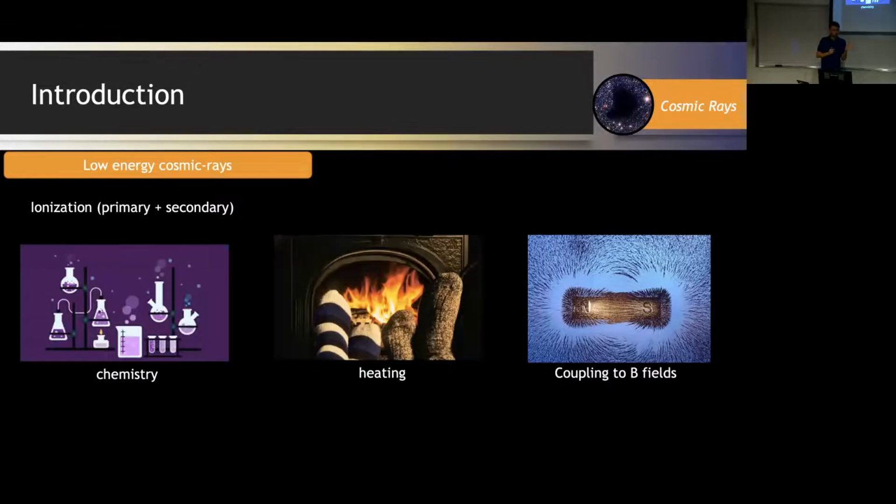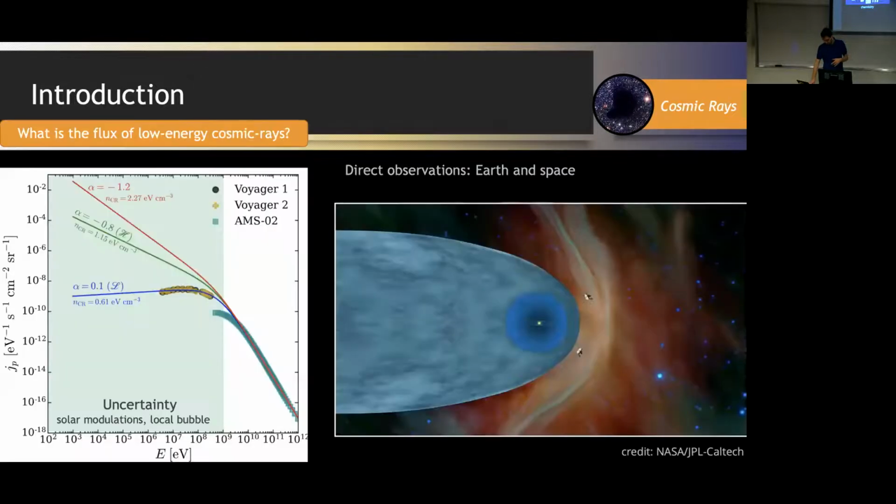I say they drive the chemistry because we are talking about very low temperatures, 10 Kelvin or so. At these low temperatures, you barely go beyond any chemical barriers, but these secondary electrons and the ions produced drive the chemistry. Yet, we have quite little knowledge about their spectrum, the shape, the abundance of these cosmic rays.